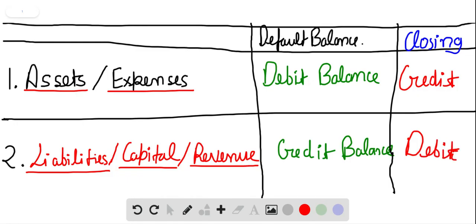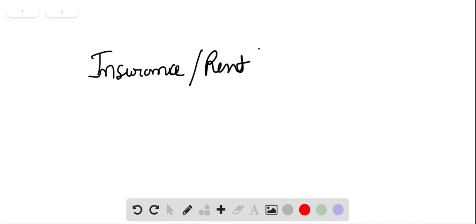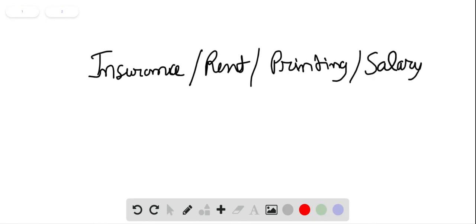So what I have written here: for every expense, if we have a debit balance, to close that account we will give a credit to that account. For our current case, any type of expense, let's say insurance expense, rent, printing, salary, any type of expense will have a debit balance.